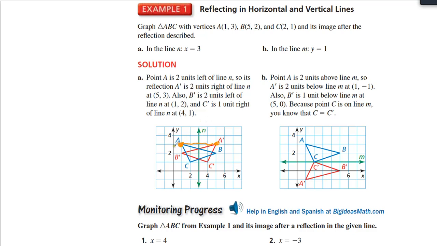They're both 2, but going off in opposite directions. Same with B. Point B and point B prime, even though, now this is weird, A goes through the line. Let me clear what we have here.